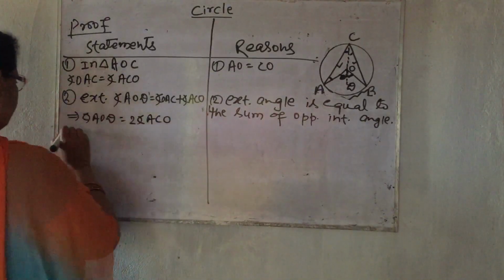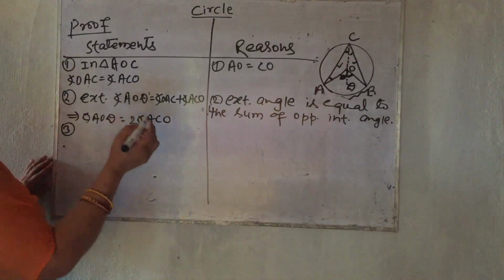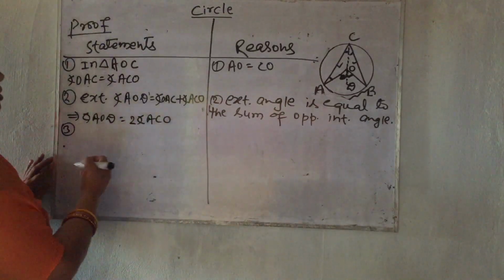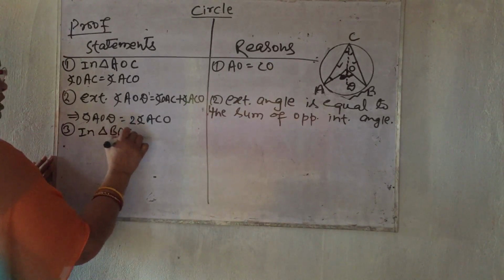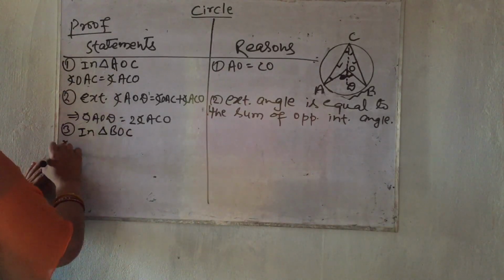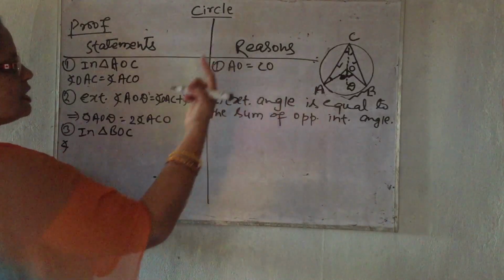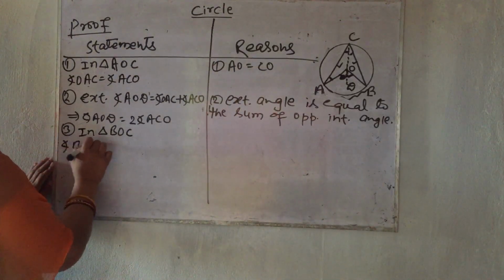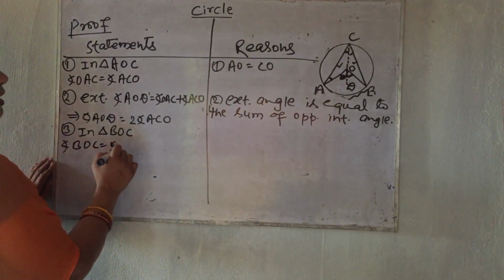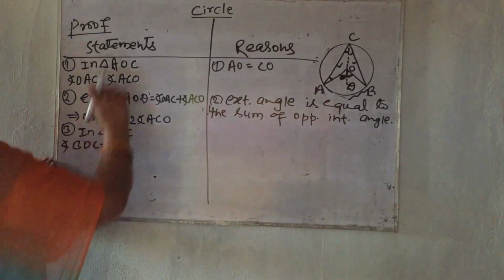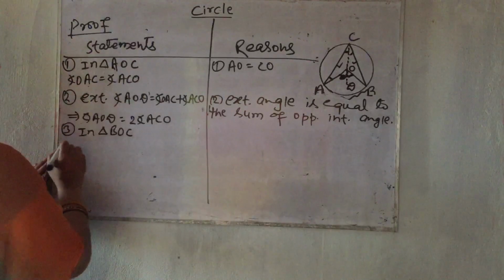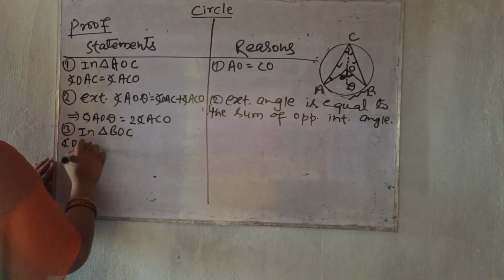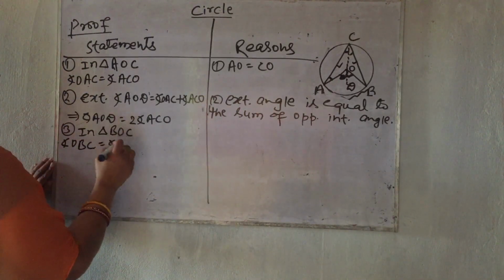Now number 3, again triangle BOC. In triangle BOC, what will you get? Angle OBC equal to angle OCB.